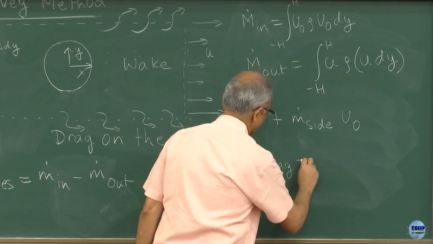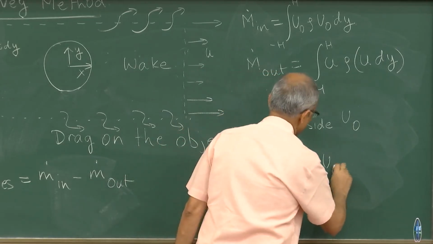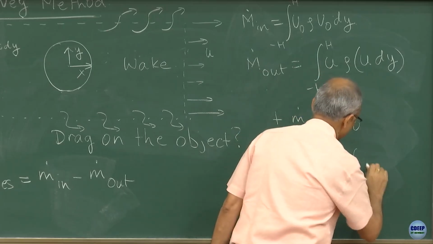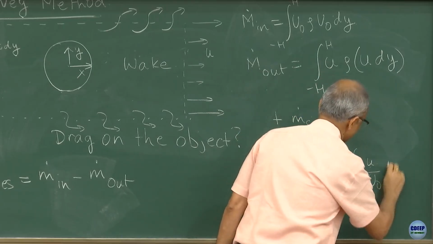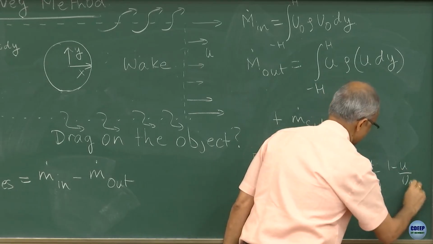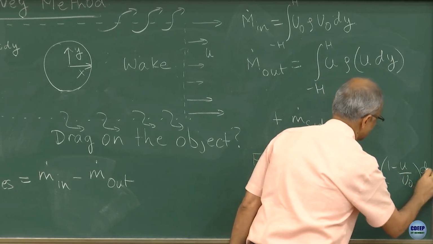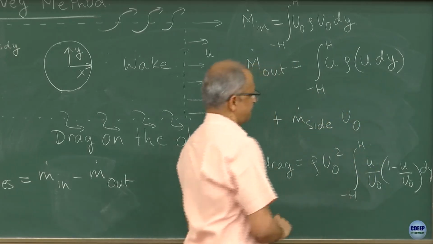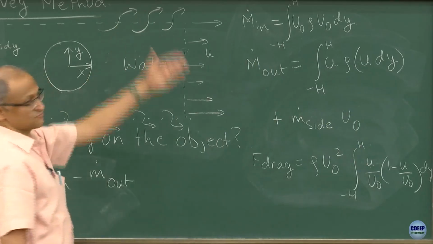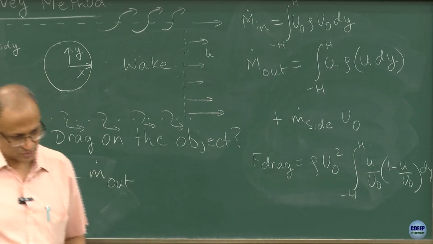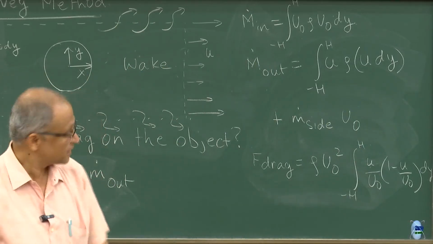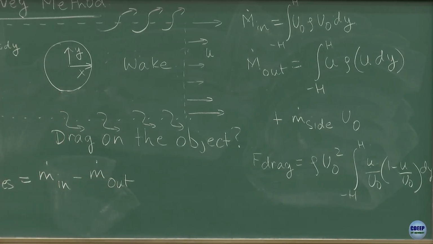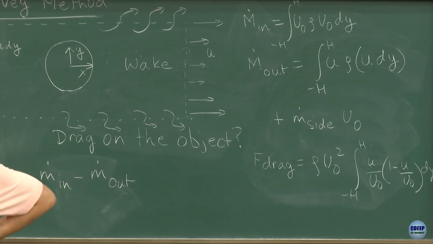So F drag is equal to rho u naught square times the integral of u by u naught, times 1 minus u by u naught, dy, from minus h to plus h. I'm just putting everything together. We have all the equations, and this is the drag force that we'll find. Okay. So questions here.